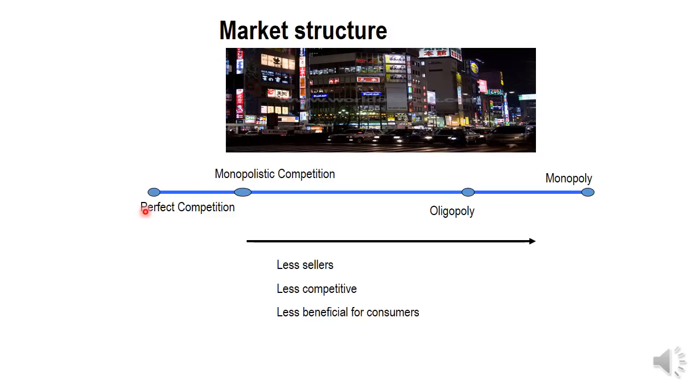When you move from perfect competition to monopoly, from the left to the right, there'll be fewer and fewer sellers, and when there are fewer sellers, it becomes less competitive and less beneficial for consumers. If it's competitive, like in perfect competition where there are many sellers, consumers have the best deal because the market is very competitive. When you have only one seller, the market is not competitive at all, and consumers tend to suffer. We will touch on that later.